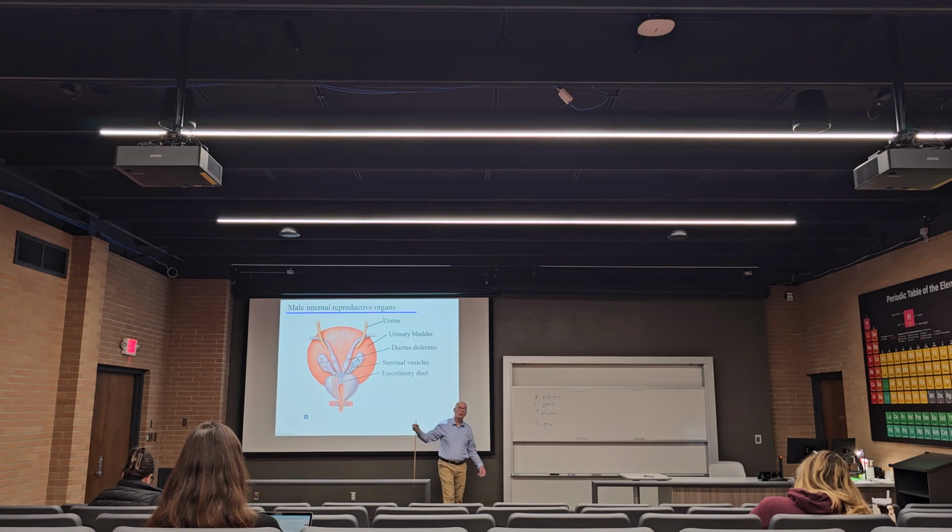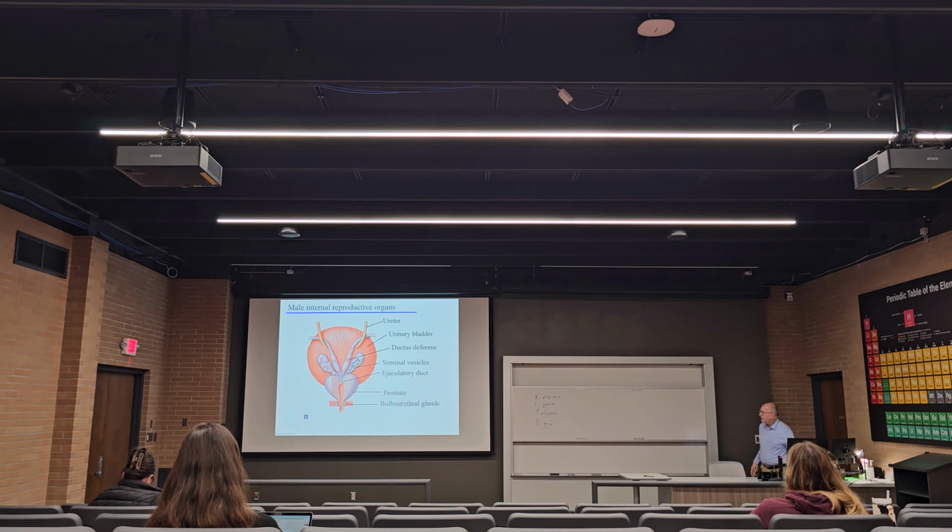And the ejaculatory duct will also receive the prostatic fluids as it passes through the prostate, including things like prostaglandin and clotting factors. We'll talk more about that later on. The prostate is this gland just a little bit below the bladder. And you can see the bulbar glands there at the bottom of this structure.